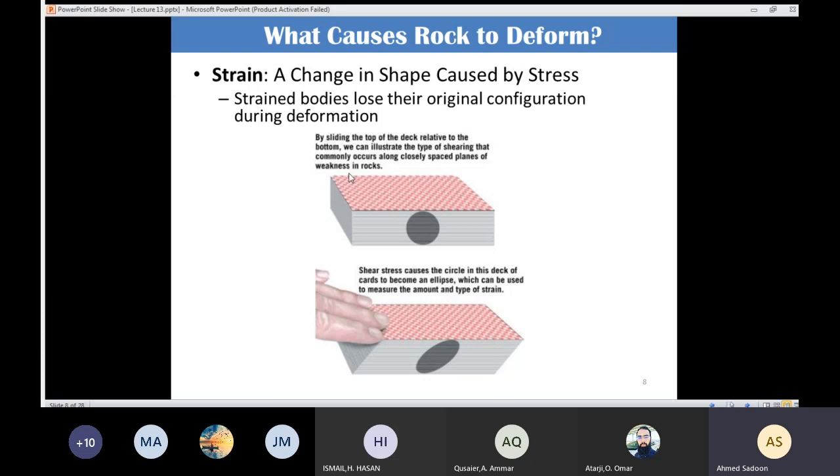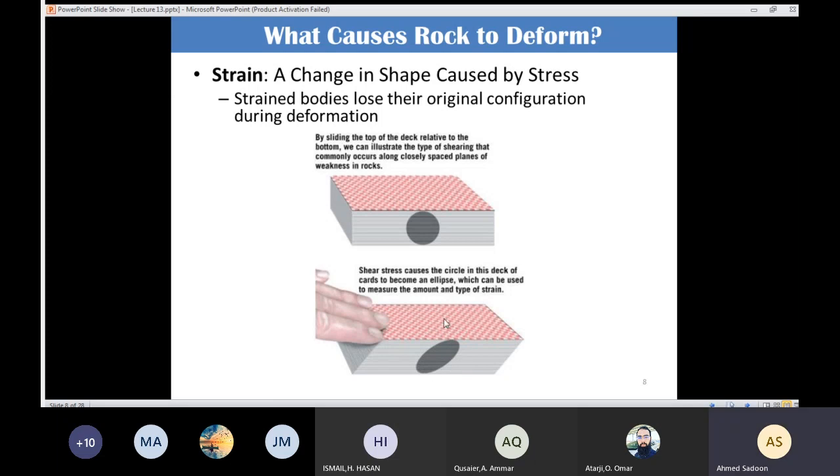If you have something like this, and then you apply stress on that surface, in other words, I'm going to apply shear stress, the top surface moves relative to the bottom surface. And assume you draw a circle here. If that process took place, what happened to the circle?